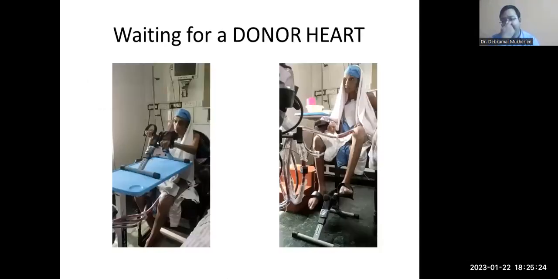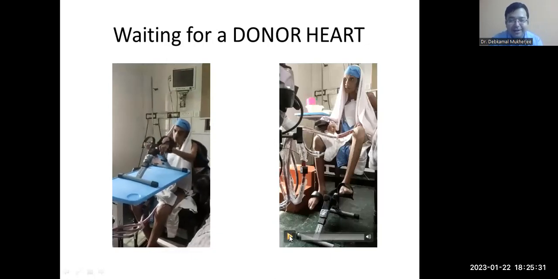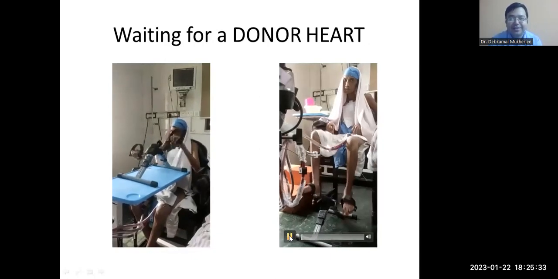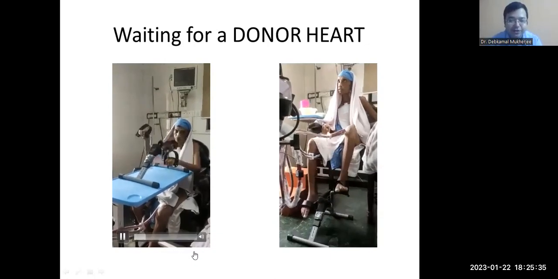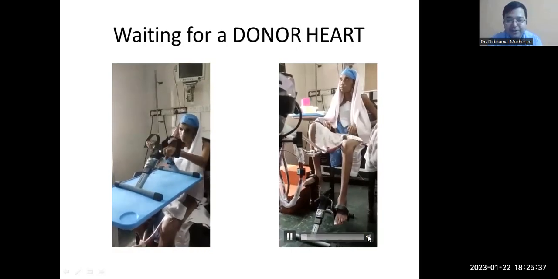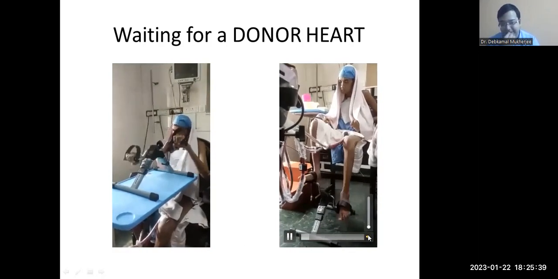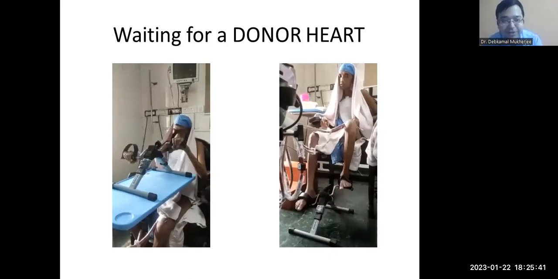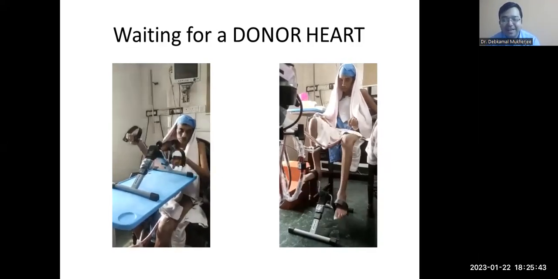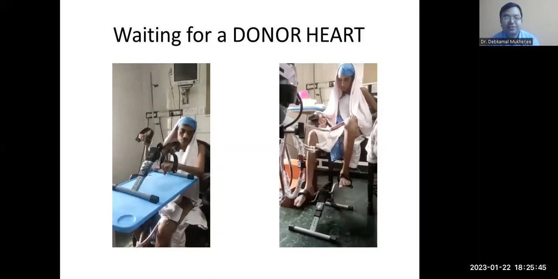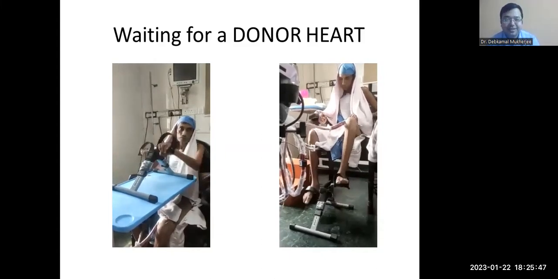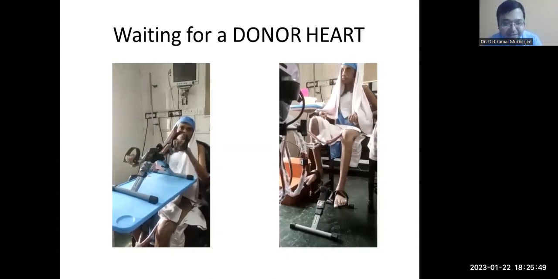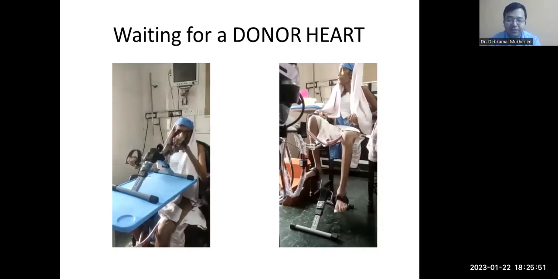So basically, we were waiting at this point of time for a donor heart, because this patient was being maintained on Centrimag. So he was being rehabilitated properly so that his muscle mass increased. The nutritional therapy was given. He was put on intensive physiotherapy.